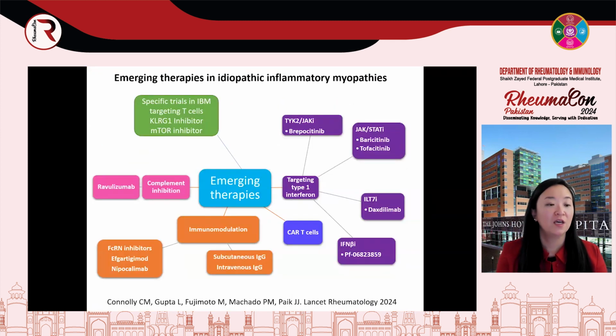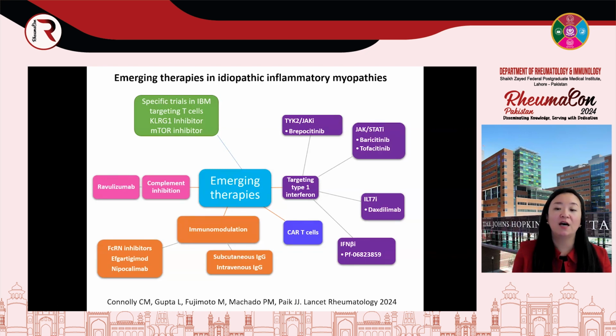So I think there's a lot that I talked about, and hopefully this is a nice summary slide. I was able to work with some amazing colleagues to write a recent review article that just came out in the Lancet of Rheumatology. I think it literally just came out 2 weeks ago. But it was a great international collaboration with my colleagues in the UK and Japan and Ireland.